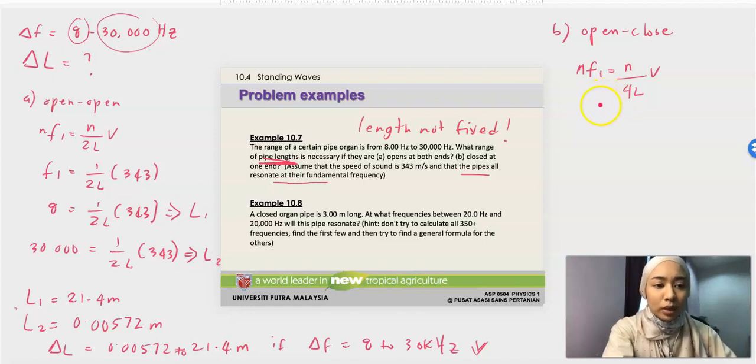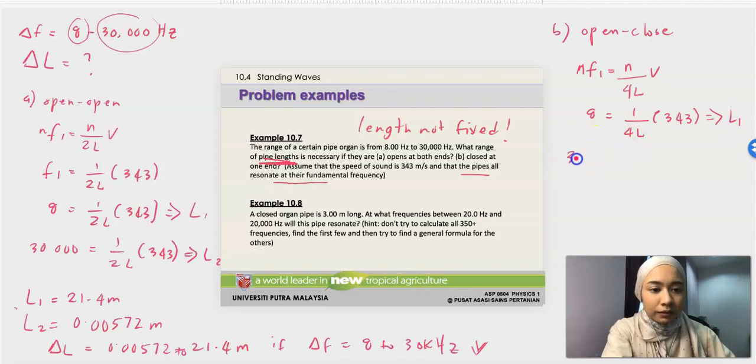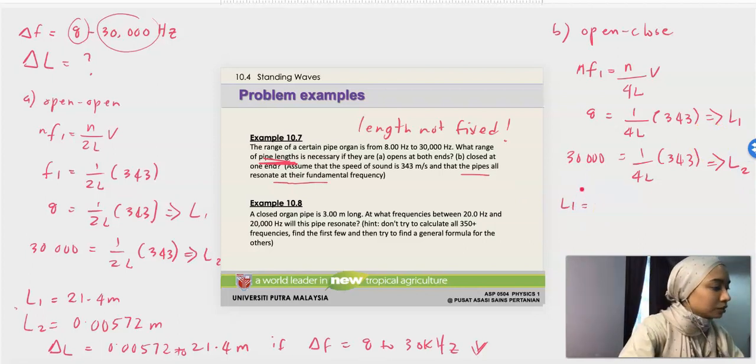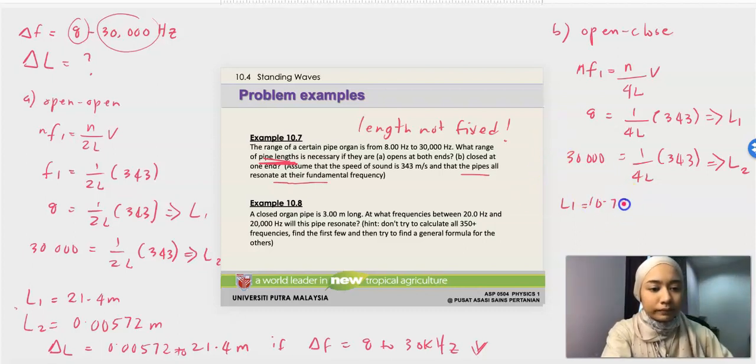So everyone resonates at the fundamental frequency, so n equals 1. And it goes from 8 to 30 kHz. So that is 1 over 4L times 343 gives me L1. And then 30,000 equals 1 over 4L times 343 gives me the second L. I mean the range. And then solving for that, L1 should be equal to 10.72 meters.